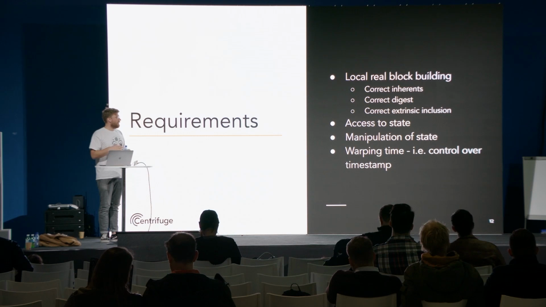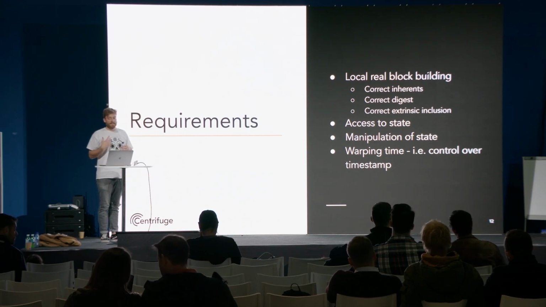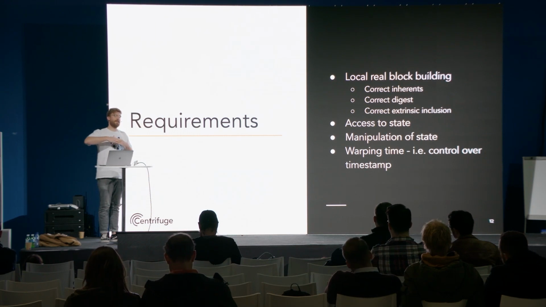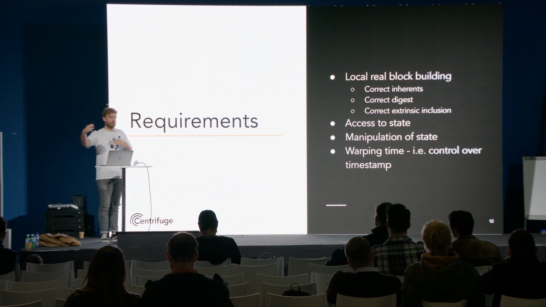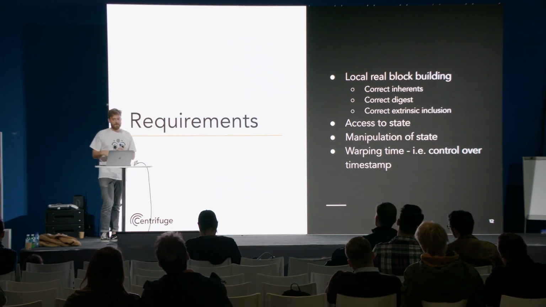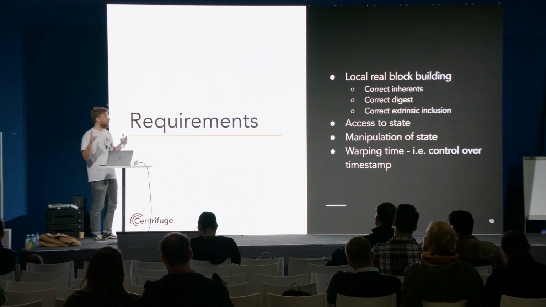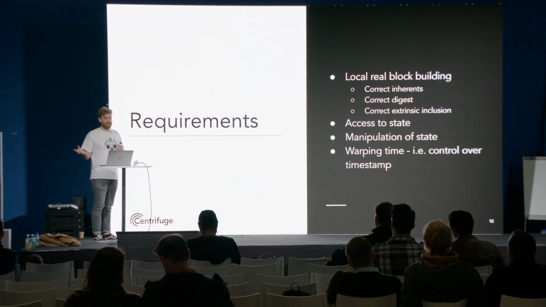This is especially important for us, because we want to know how a chain looks a year from now, with a timestamp a year from now. So it would be nice to warp time with your timestamp, because you don't want to have a test network running for a year to check what's there.